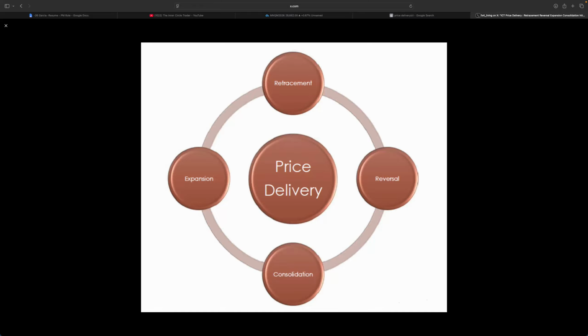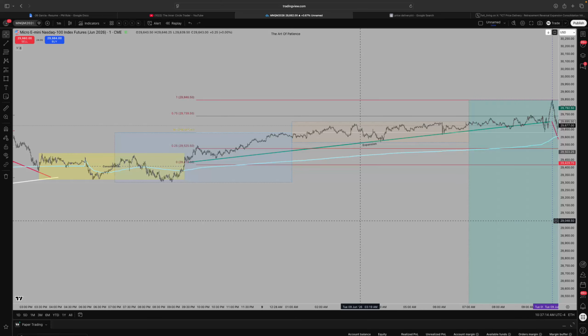After reversal, we go back into consolidation, and it's just a cycle. And that's how the market repeats, bro. That's how you do it. That's how I can put it in the simplest terms.